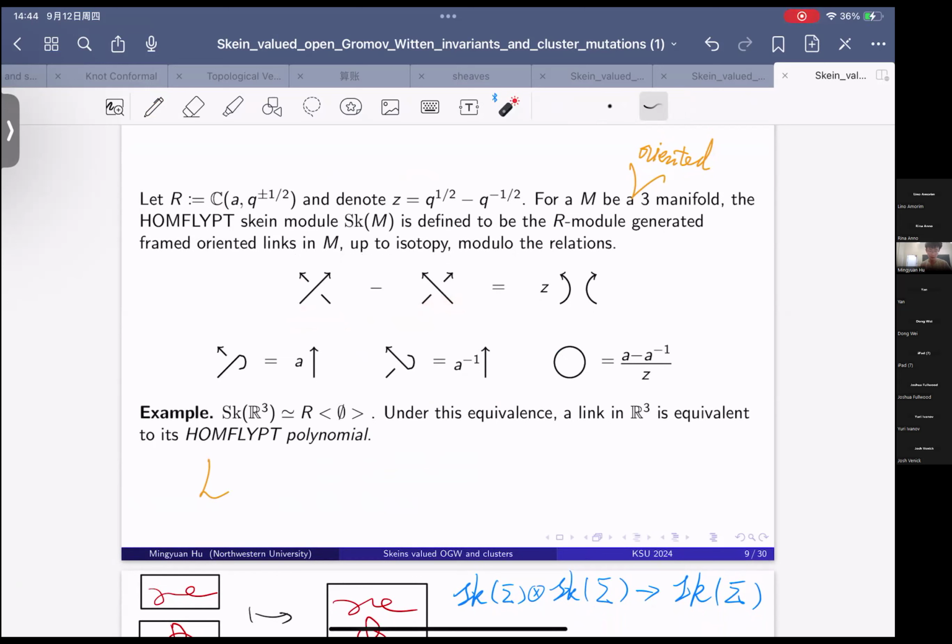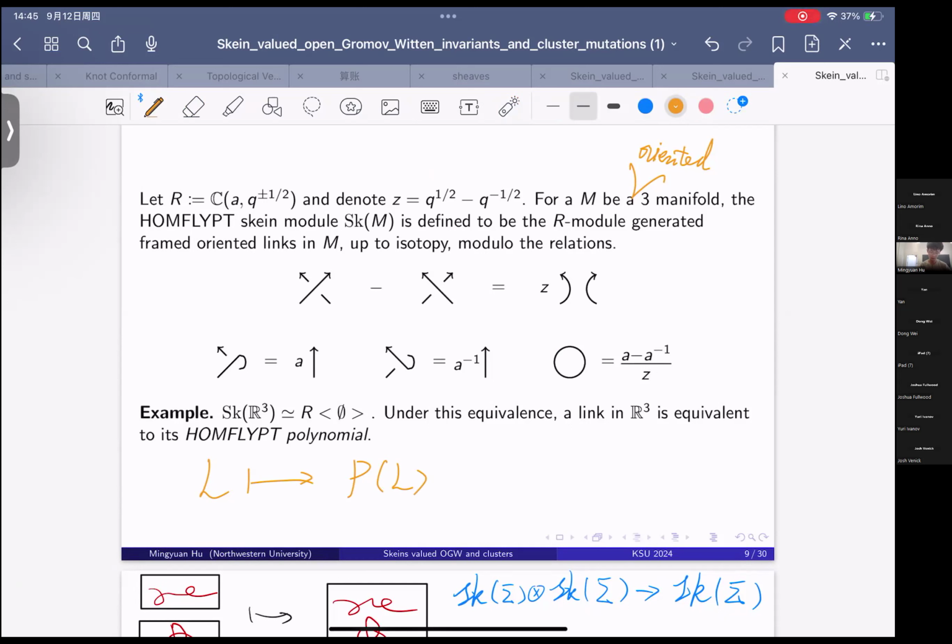You represent a link L by a link diagram, some lines on R2 with some crossings, and you can resolve all the crossings by this skein relation, and in the end you get a linear combination of unknots, because there are no crossings, and you can use this relation to replace an unknot by a polynomial. So in the end you will send L to a polynomial, P of L. This is called the HOMFLY-PT polynomial.